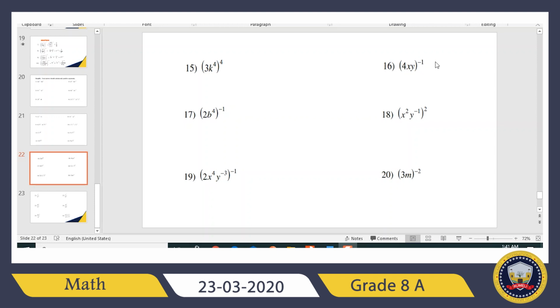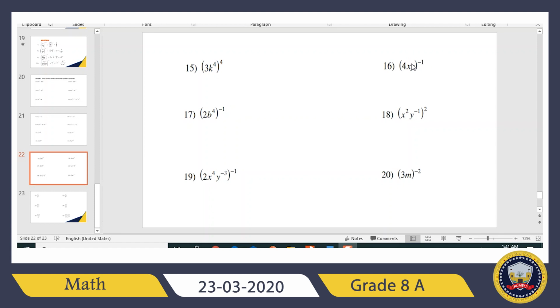So as if I'm saying 1 over 4xy, because here it's 4 power of 1, x power of 1, y power of 1. Then I multiply 1 times negative 1, it gives me 4 power negative 1. x, 1 times negative 1, it means x power negative 1, and y power negative 1. This means 4^-1, x^-1, y^-1.